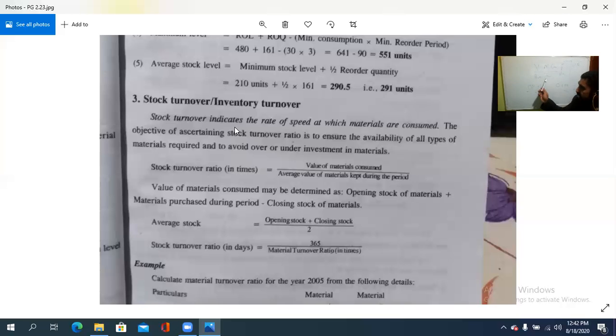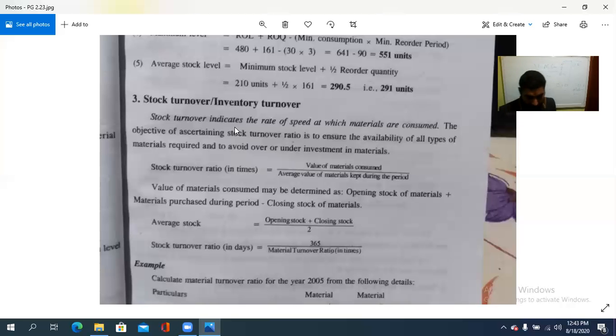Stock turnover ratio is calculated in times and in days. For days, it is 365 divided by the stock turnover ratio in times.